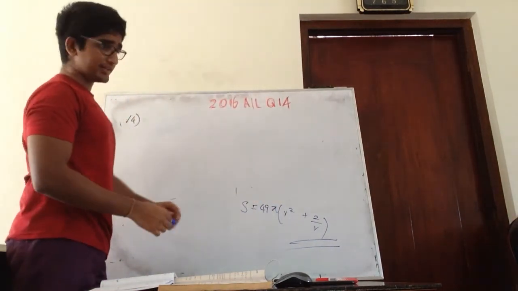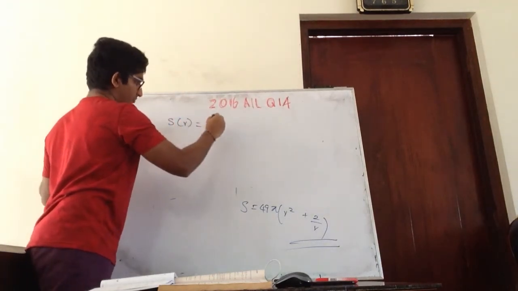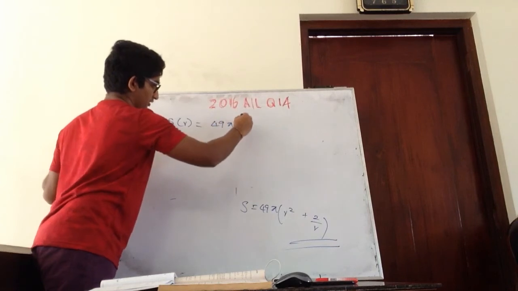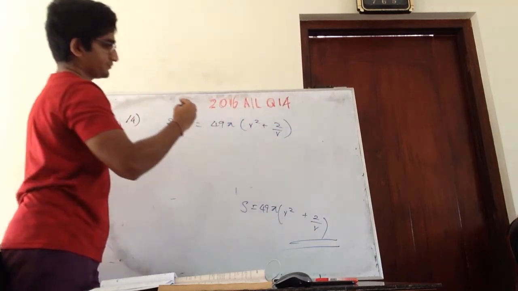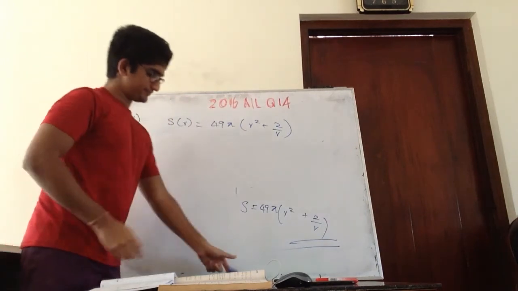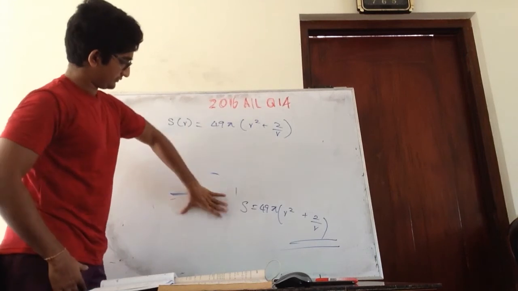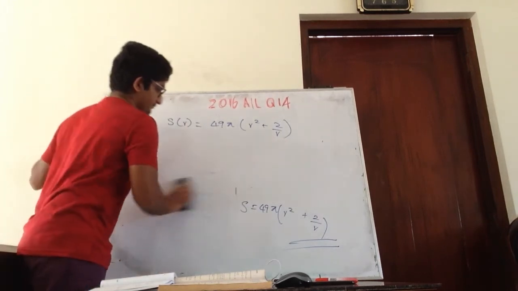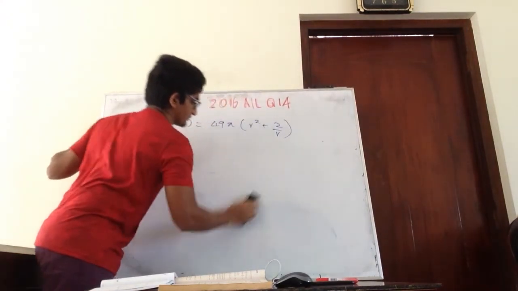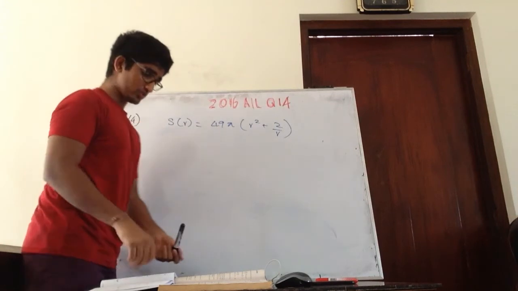So now this is S, so this is basically a function of R, no? S(R) is basically 49.5 R square plus 2 over R. Correct? Okay. So now, so then what?